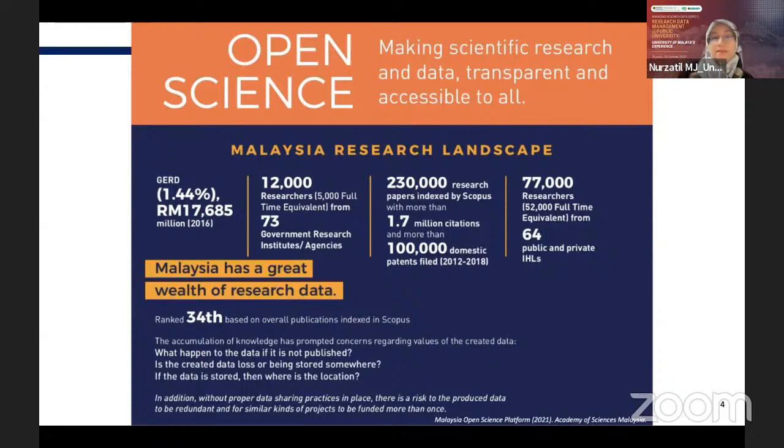But the problem with the accumulation of this data, this knowledge, is that we have several questions in mind, like what happened to the data if it's not published? Most publications, we put up good data because we want to support our hypothesis and put out good conclusions.